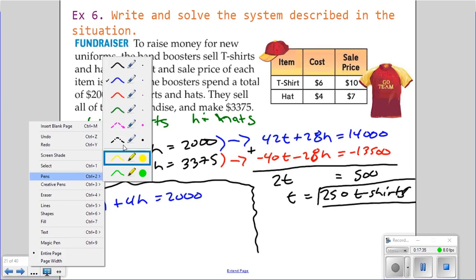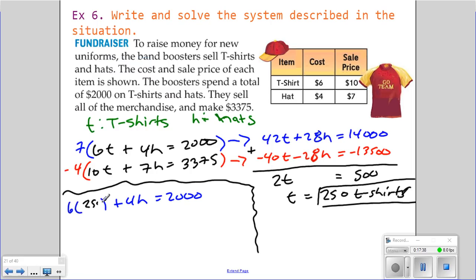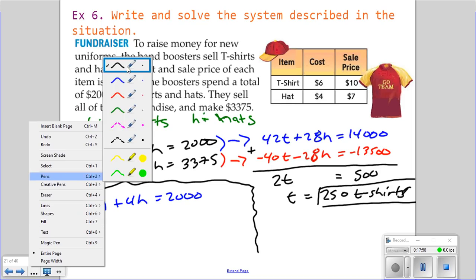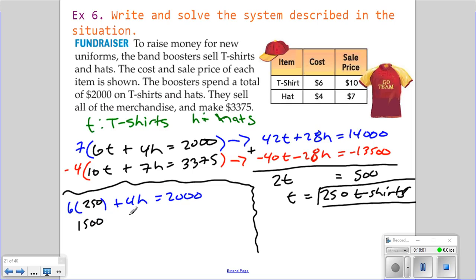Again, t is 250. 6 times 250 is 1,500. Subtract 1,500 on both sides. You get 4h is equal to 500.